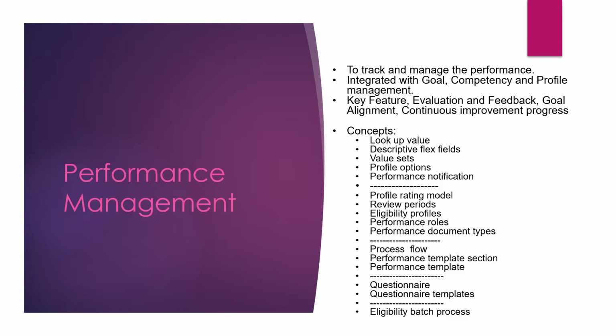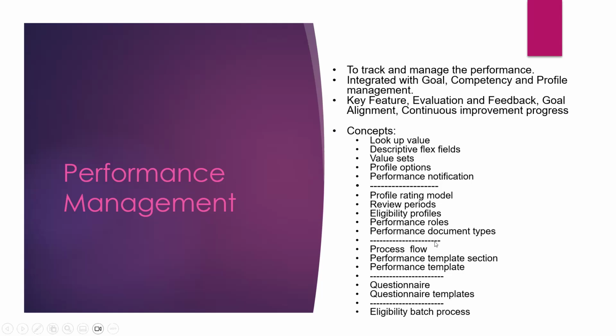For the evaluating process, we will see the process flow, and then we segregate the template sections, the performance template and the questionnaire template. These are all part of the review process. In depth, we will break down each concept in future sessions. For now, just know that these are the basics we need as part of performance management.